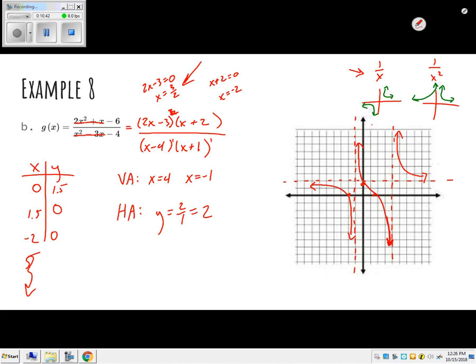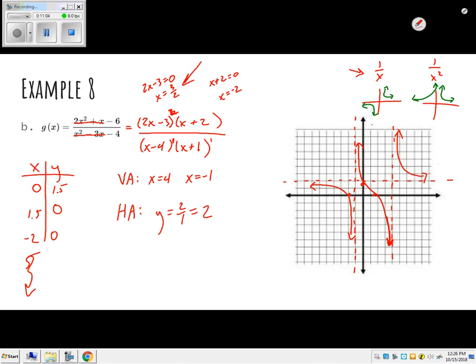Another way to think about it is, okay, x minus 4, that was my vertical asymptote. It has a multiplicity of 1, all right? And so if it has a multiplicity of 1, on one side of the asymptote it's going to be downstairs, then the other side is going to be upstairs. It crosses the x-axis, all right, same as it did with a multiplicity of 1.